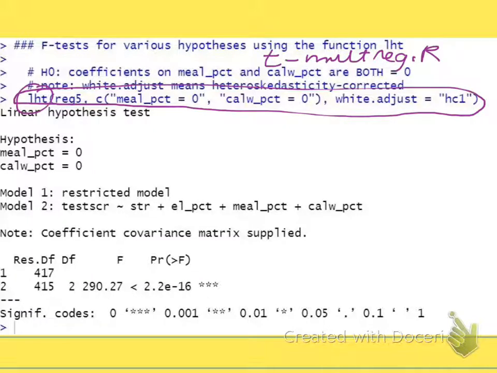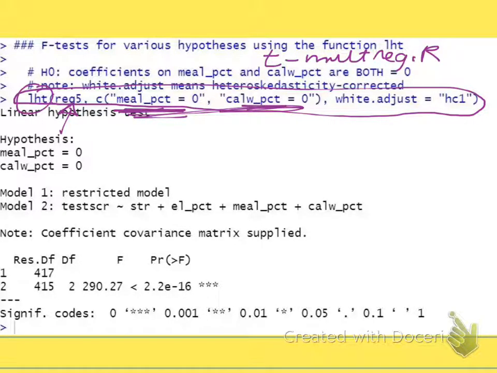So it's the LHT command. Then the first thing we have in the option is which regression we're going to test the hypothesis on. So in this case, it's the results from reg5. Then we have our hypotheses. So our first hypothesis is that meal percent is equal to 0 and CalWorks program percent is equal to 0.